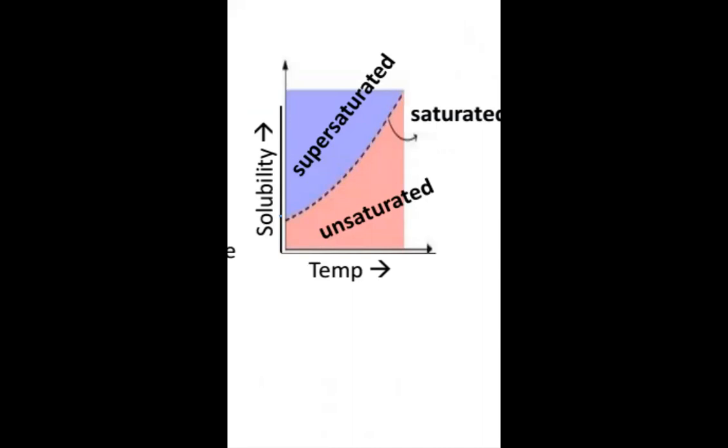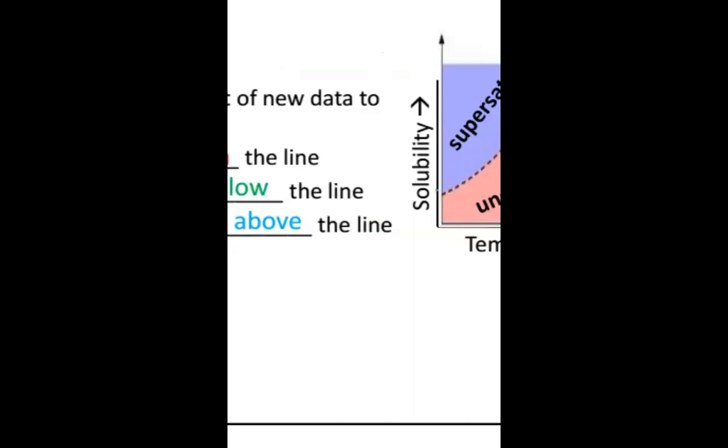When the point is above the line, as you can see where we have the light blue color, any measurement above that curve tells us that the solution is supersaturated, and any below it tells us that the solution is unsaturated. So this gives us certain information about how to determine if a particular solution is saturated, unsaturated, or supersaturated.